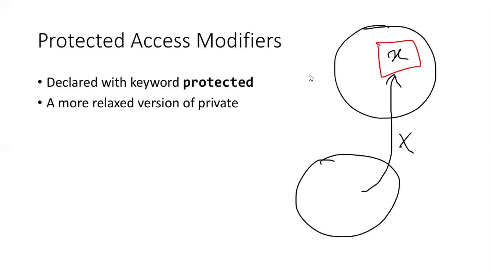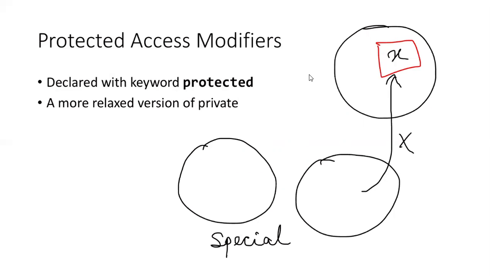These conditions we can see later on, but for now, suppose I have another object here which is a special object, meaning something which satisfies certain conditions.